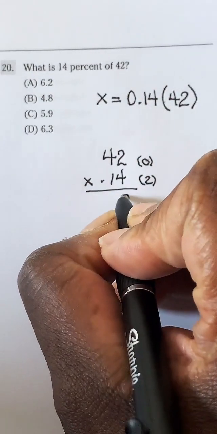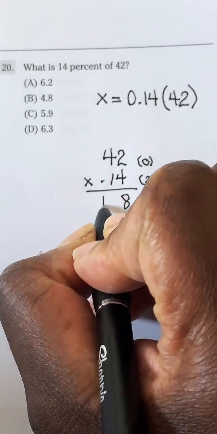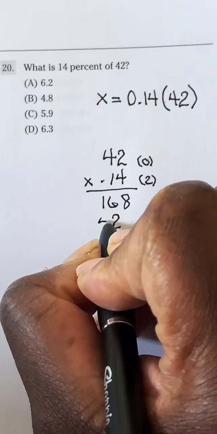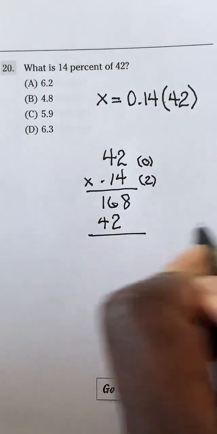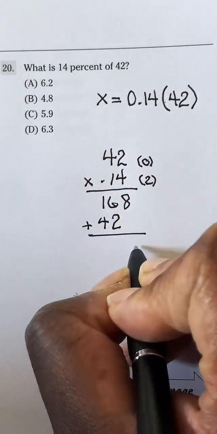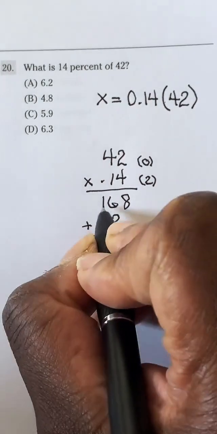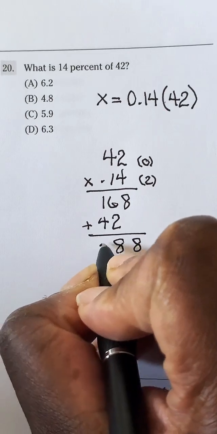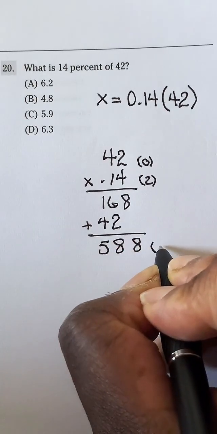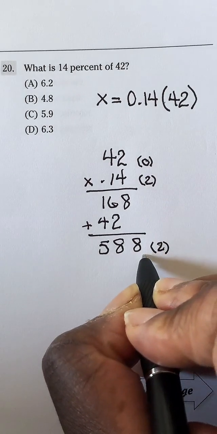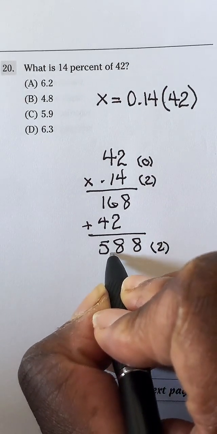2 times 4, that gives me 8. 4 times 4 gives me 16. 1 times 2 is 2. And 1 times 4 is 4. So when we add these together, we got 8. 6 and 2, that's 8. 4 and 1, that's 5. Now we need to put it with 2 decimal places. Starting here at the end, that's 1, that's 2.